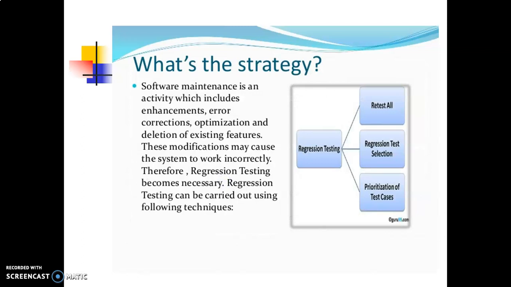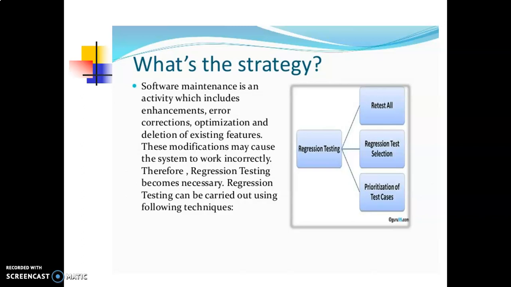What strategy is used to perform regression testing? Regression testing is performed using retest all, regression test selection, and prioritization of test cases. In the first step, identify the affected software components after program P has been modified to new program P dash.